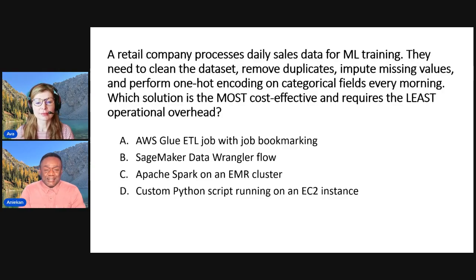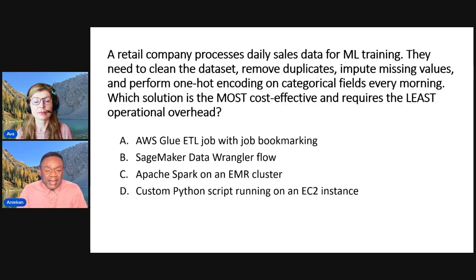Okay. So Eva, let me take a swing at this. So the options are one, AWS Glue ETL job with job bookmarking. Two, we have SageMaker Data Wrangler flow. Then Apache Spark on an EMR cluster and a custom Python script running on an EC2 instance.